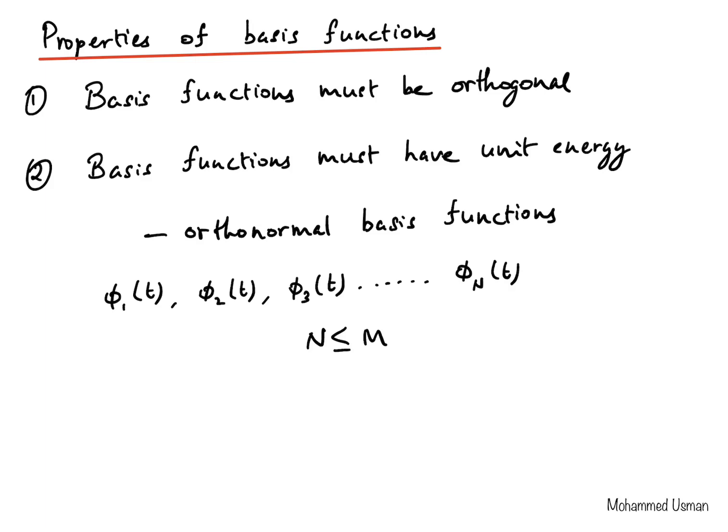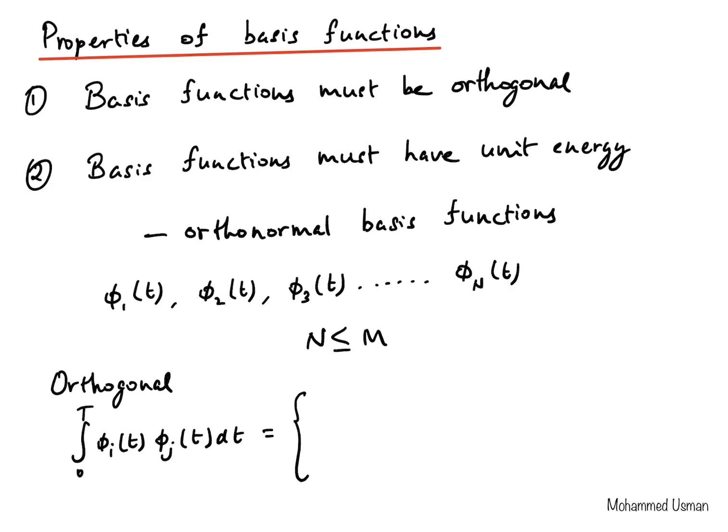So if we write it as a dot product, orthogonal means that the integral of phi i of t into phi j of t from some interval 0 to T, dt, is equal to 0 if i is not equal to j.